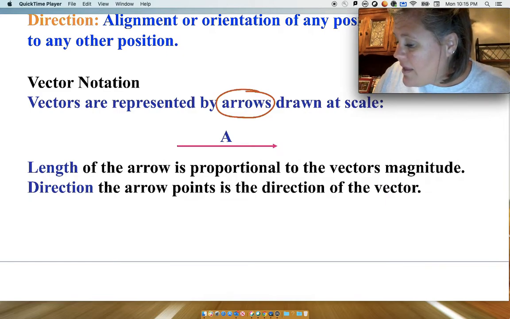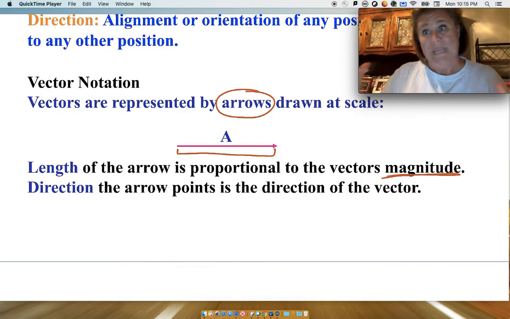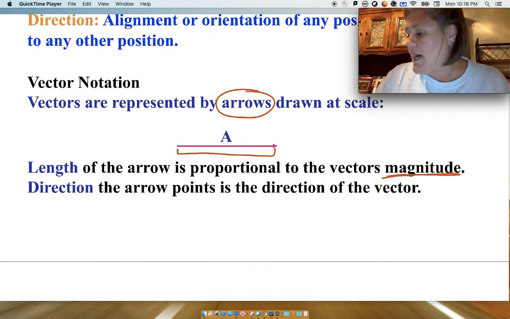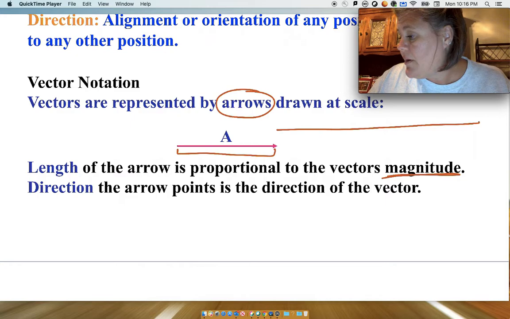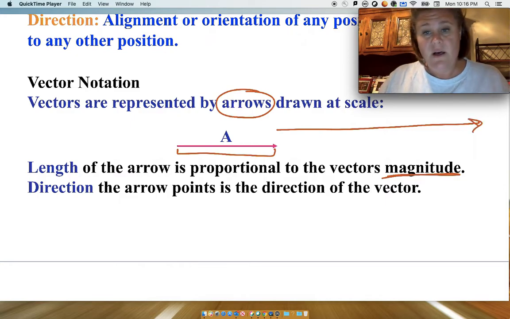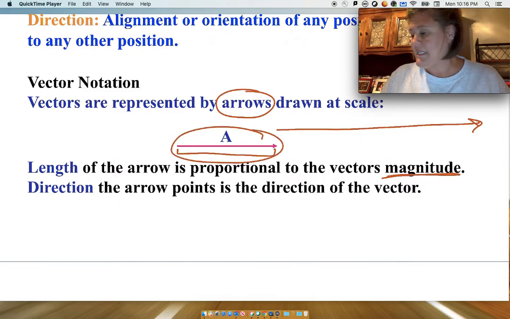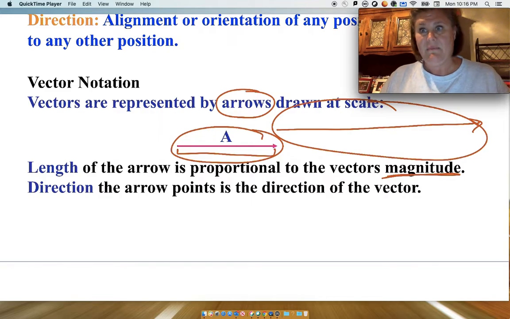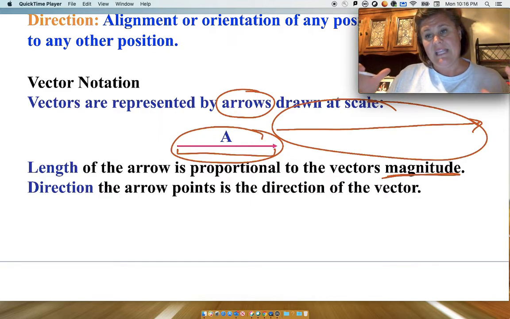The length of the arrow here represents the magnitude, how big the vector is, and the direction it's pointing in obviously represents the direction. So the bigger the arrow, the bigger the magnitude. So this would be like if we walk 10 meters east, this would be like if we walk 20 meters east, okay? So the length of the arrow represents the magnitude.